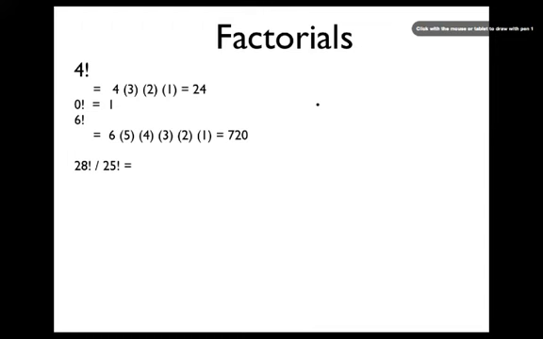You could write a little bit to help you. Just don't write out 28 factorial or 25 factorial explicitly, but how can we, through an understanding of factorials, get what this would be pretty quickly?